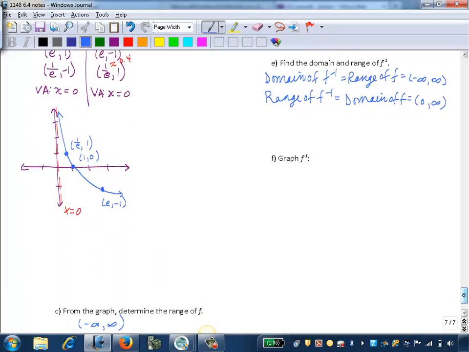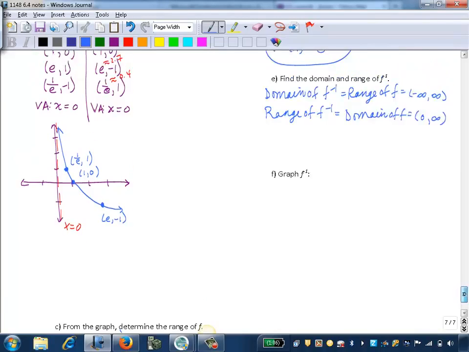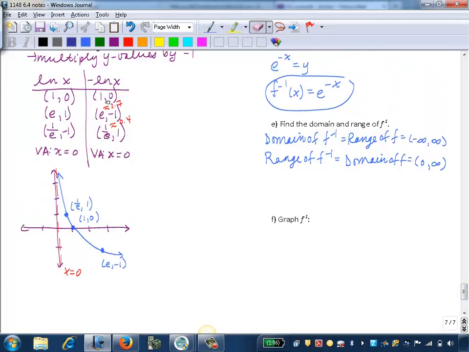Now we want to graph our inverse function. So in order to graph our inverse, we already have key points and the actual graph of the original function, so we'll just switch the domain and range, switch the x and y values to get the corresponding points on our inverse function. So on our original function, we had the key point 1, 0, so it's going to switch to 0, 1.